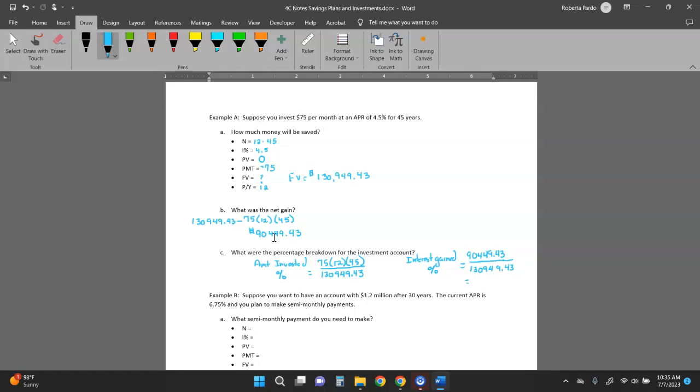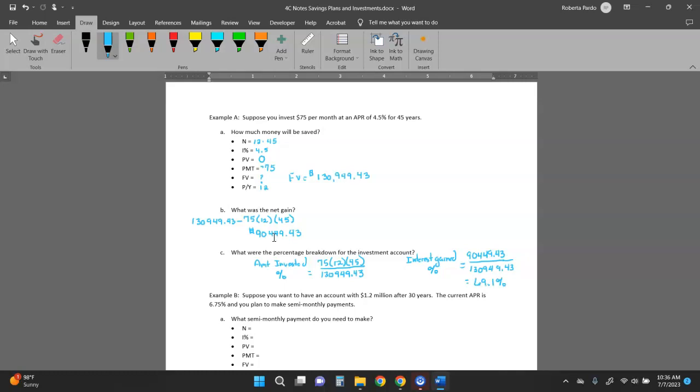And then those have to add up to 100. So we can do one of the two calculations and then subtract from 100. So I'm going to do the second one, since I have both of those numbers readily available. And we end up with 69.1%. So that's much better than the last investment.